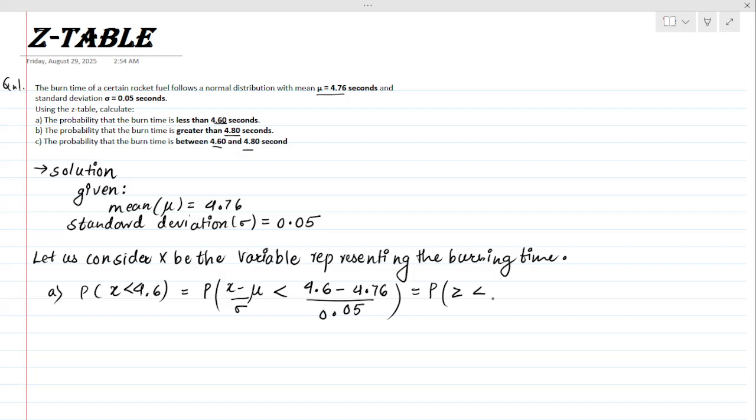When we calculate it, 4.6 minus 4.76 divided by 0.05 gives you minus 3.2. So this will be minus 3.2.